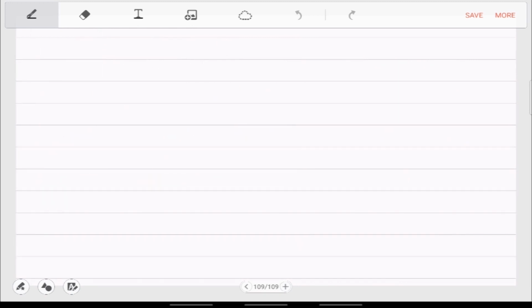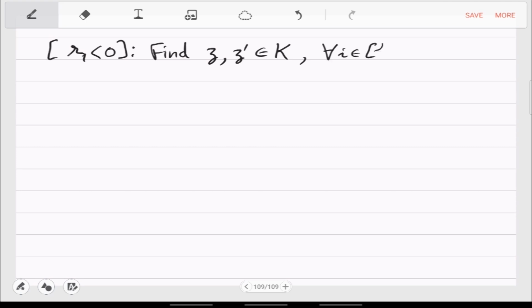So then we have to give a different proof. So let's take R1 to be negative, and H can be anything. I will not need H to be 2. So the other case is R1 negative. In that, what you have to do is find Z, Z prime, two functions, such that for all I from 1 to H minus 1, the following happens.